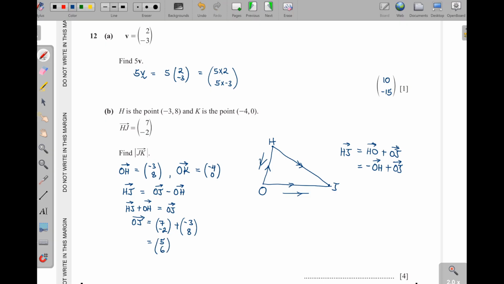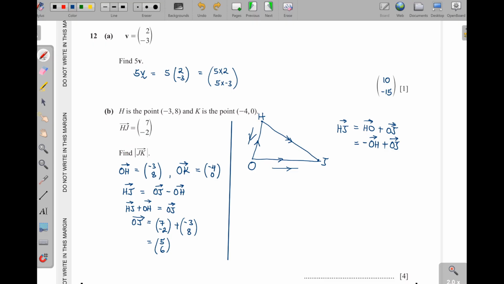Then from there, now we need to find JK. JK is going to be equal to OK minus OJ. So OK is -4, 0, and then OJ is 5. Is it even 5?